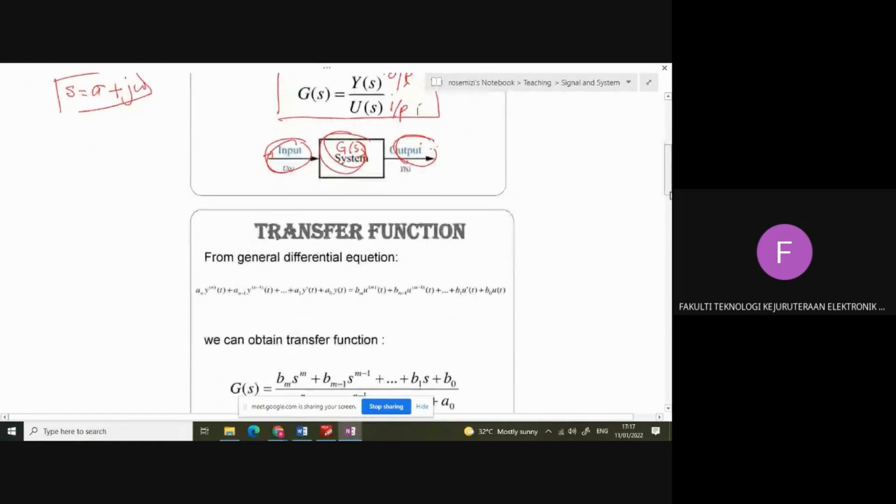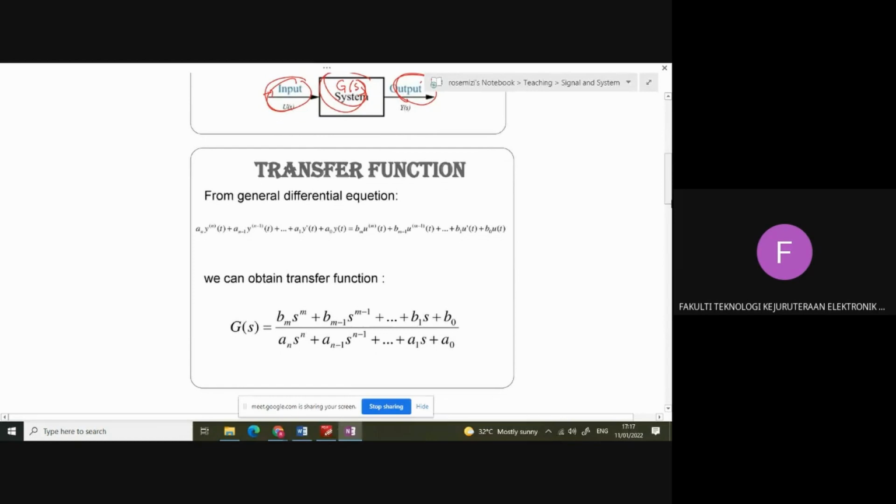From the general equation, for example, we have a very long differential equation, with all this part Y equal to this part U. So this part is output and this part is input.